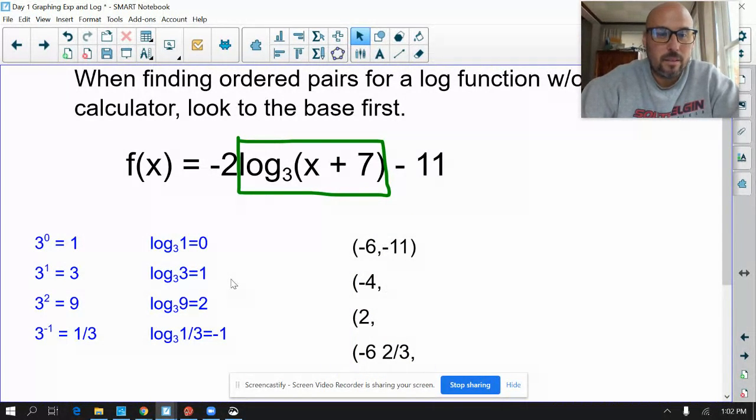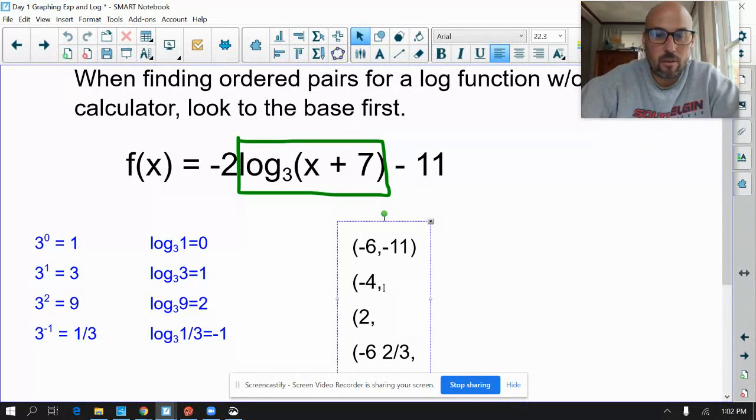Another choice would be -4 for x, because if x is -4, then -4 plus 7 is 3. And now you have log base 3 of 3, which is 1. So this is -2 times 1 minus 11. So -2 minus 11 is -13.